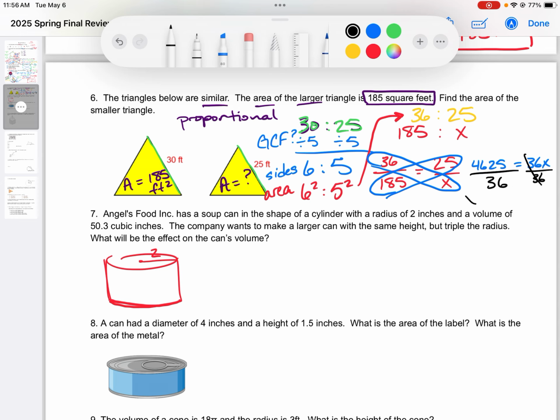So what would we do next? Divide both sides by 36, and we get x, which is the area of our smaller triangle, 128.5 feet squared.